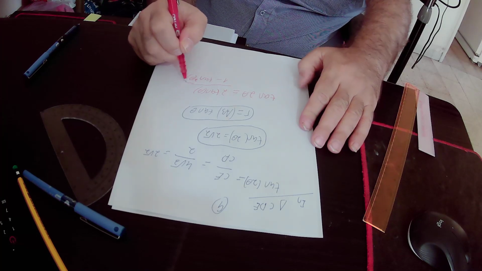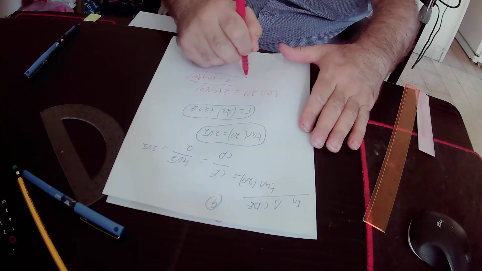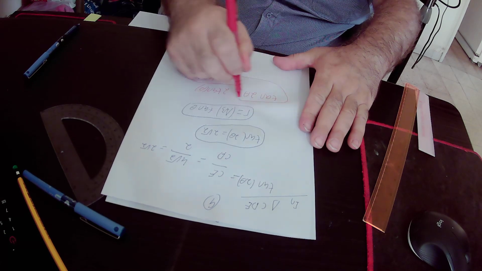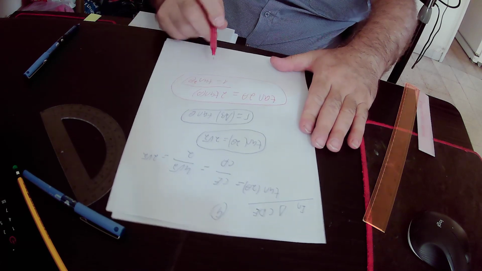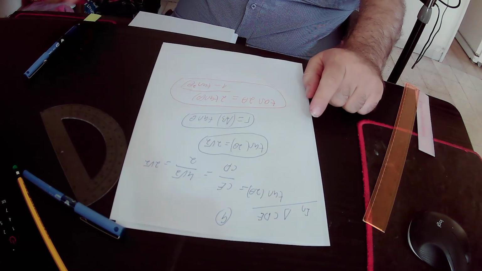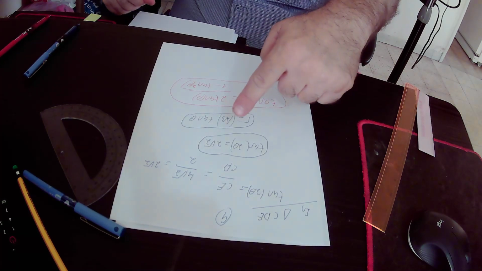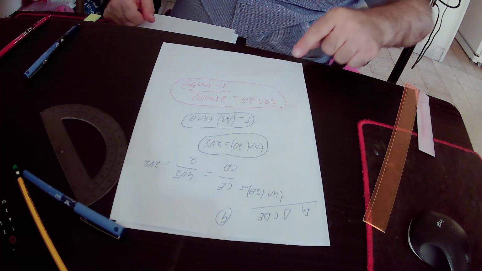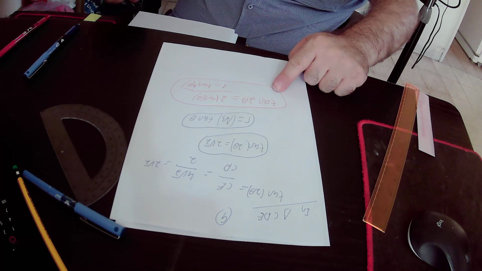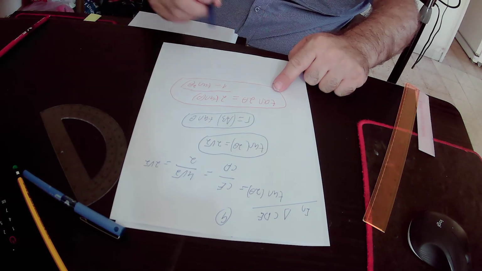We will use this identity, because we have already found out that tangent 2 theta equals 2 times root 2, so we can substitute tangent 2 theta by 2 times root 2.